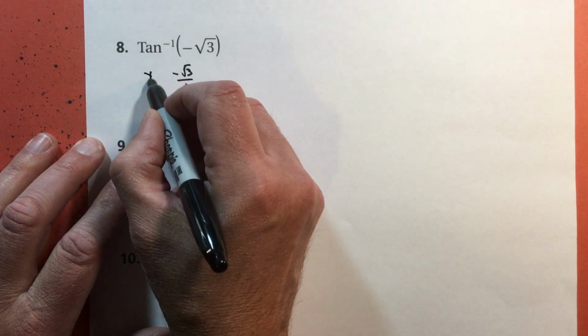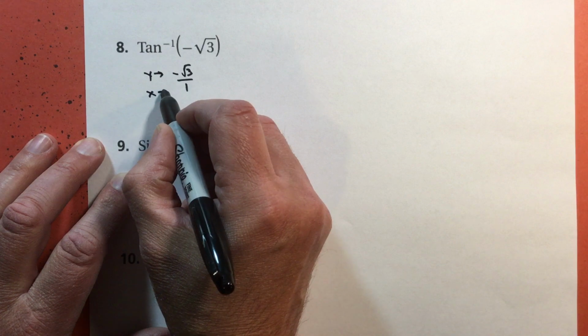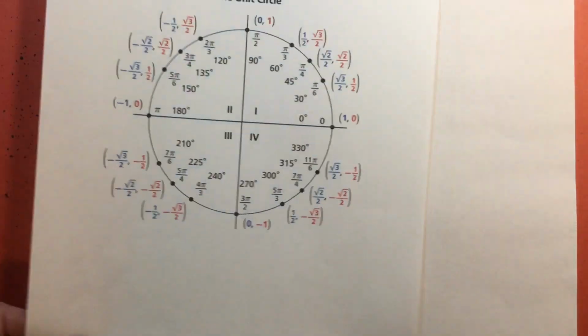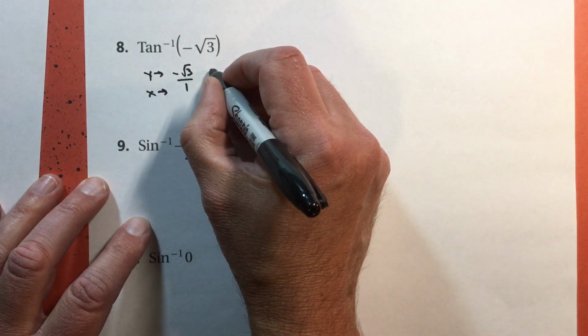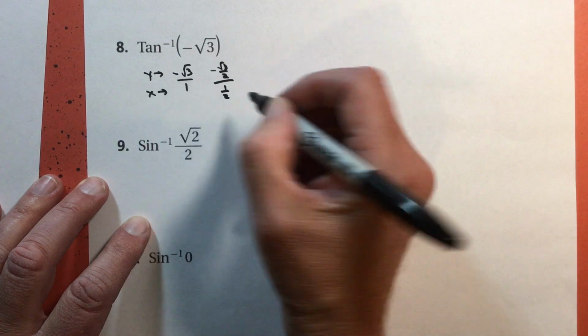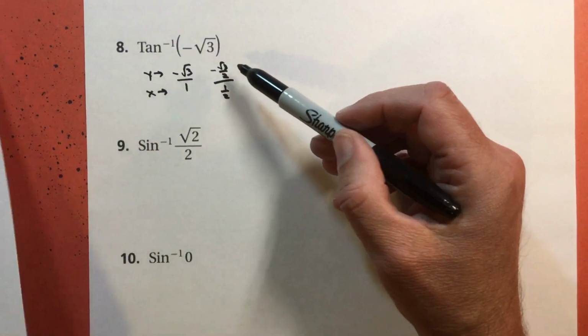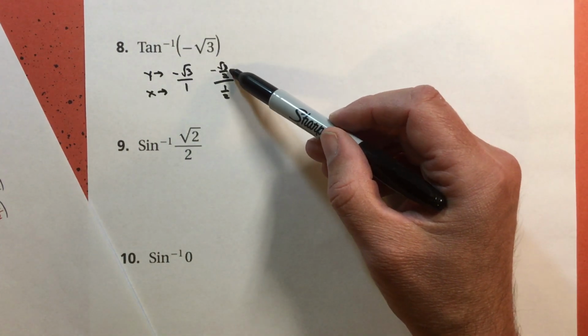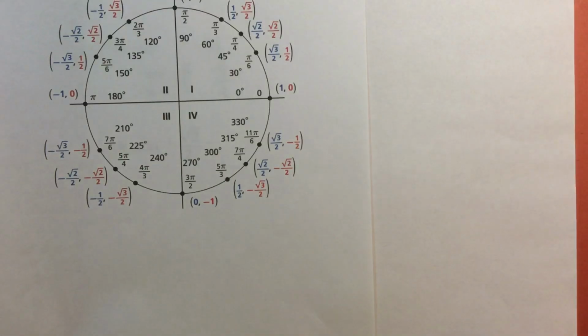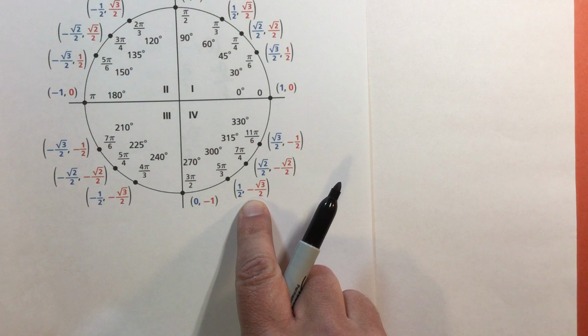And remember, this is where my y comes from, this is where my x comes from. If I didn't write my tangents, I probably need to figure out I got negative square root of 3 over 2 over positive 1/2. So where is my y, negative square root of 3 over 2, and my x is 1/2? That is right here.